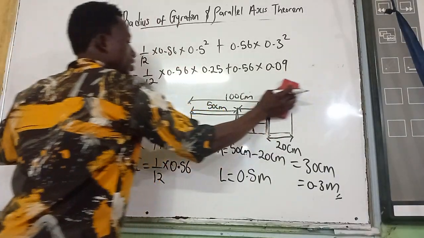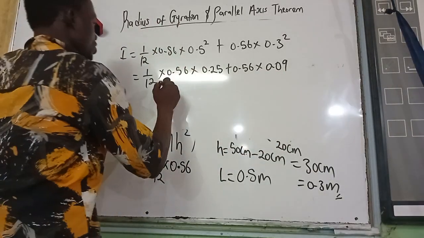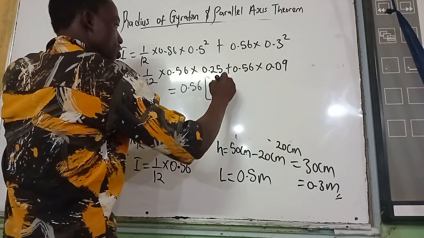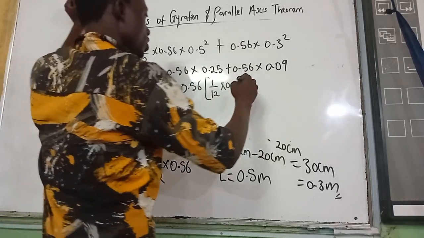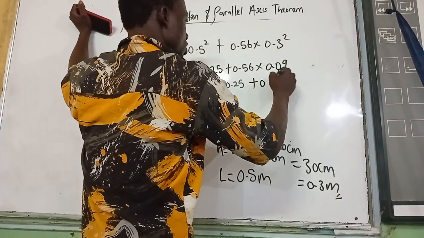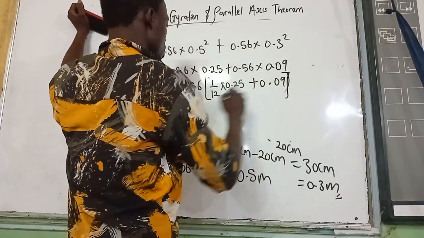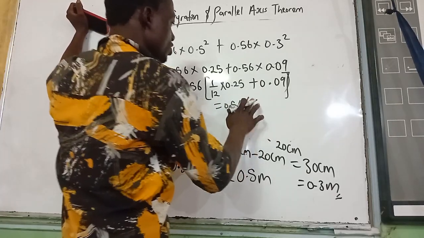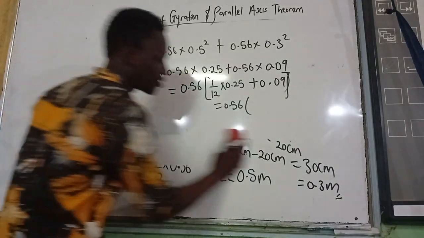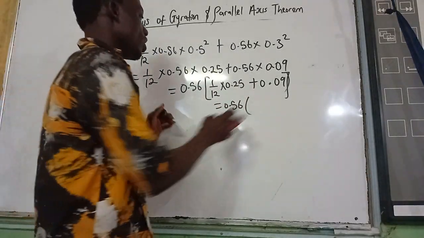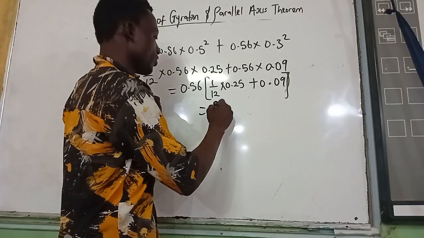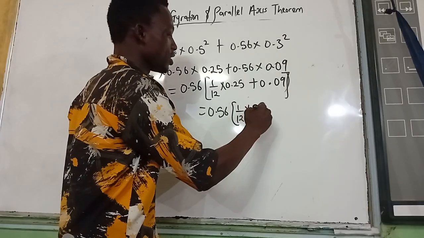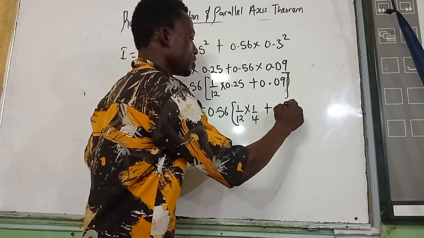So 0.56 is common to both, bring it out. 0.56 times 1 over 12 times 0.25 plus 0.09. I don't have a calculator, so you can press your calculator and finish it. 1 over 12 times 0.25 is the same thing as 1 over 4, plus 0.09.